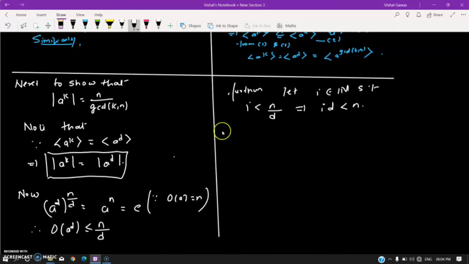This is fine. Now, let's look at N by D as an integer. Remember that.